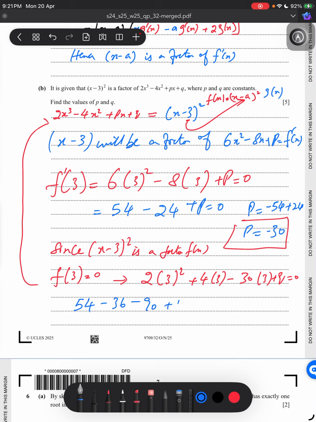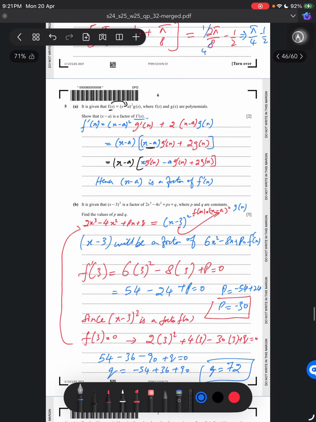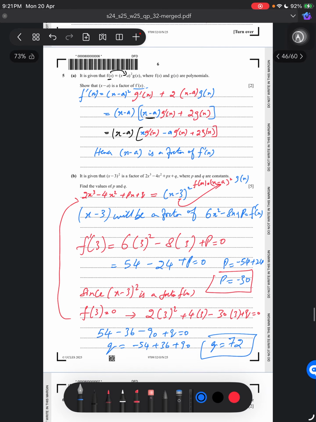Minus 90 plus q, and the value for q would be just bringing out the values over here, plus 36 plus 90, and value for q will be 72. This gives us both parts of question number 5. So that's it.